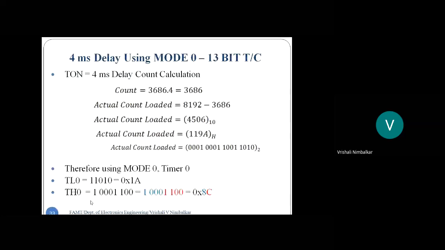The immediately next 8 bits are, see here, I am starting from the lower side. So 001, 10001. These were the 5 bits. We separated that out. Immediately next is 001, 10001. So 001, 10001.